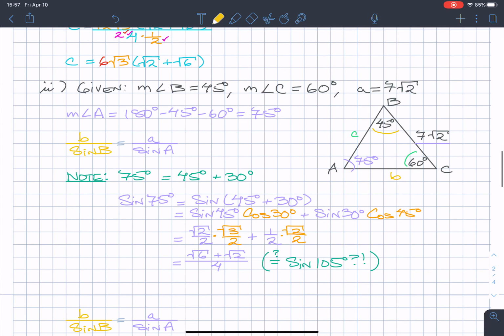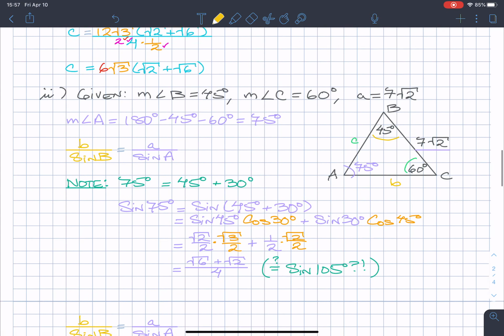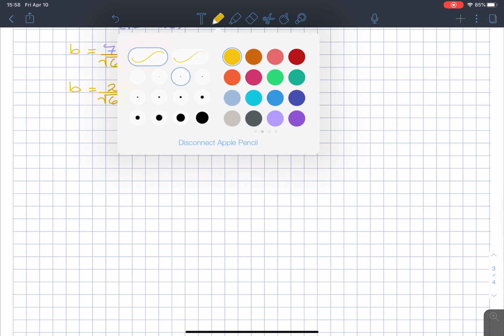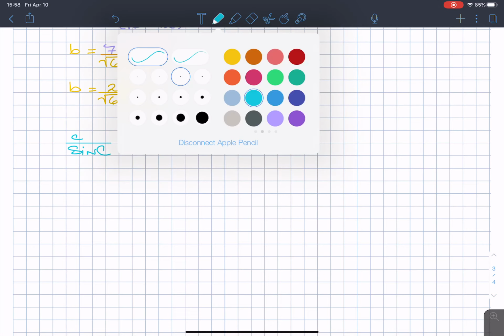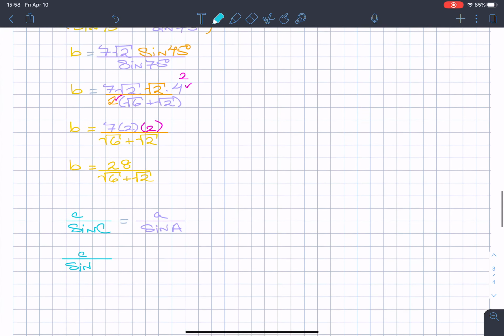And I've solved for side B, so now I need to solve for side C. So little side C over sine of angle C will be equal to little side A divided by sine of angle A. So that is C divided by sine of, well, what was angle C?